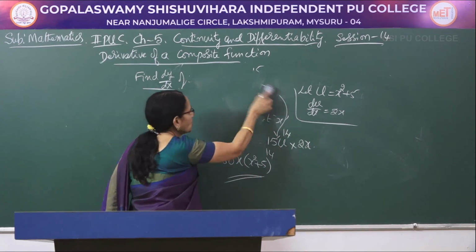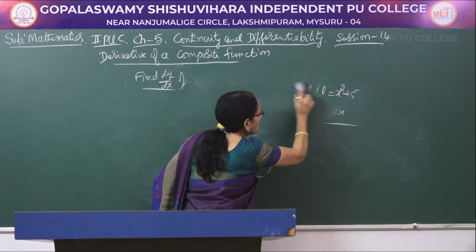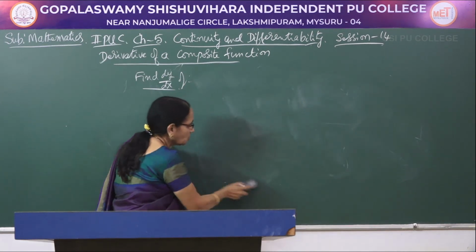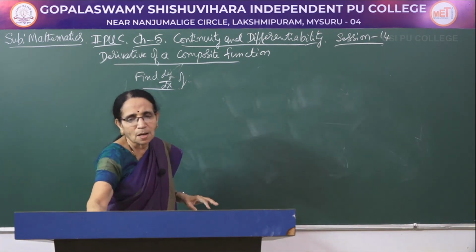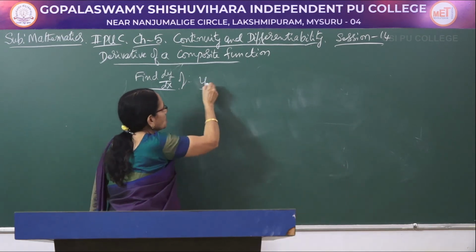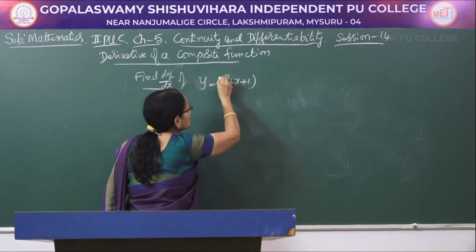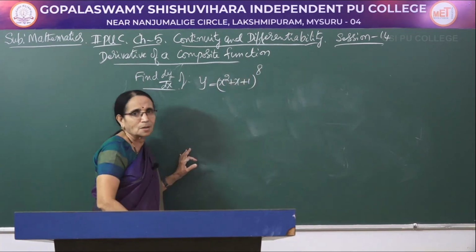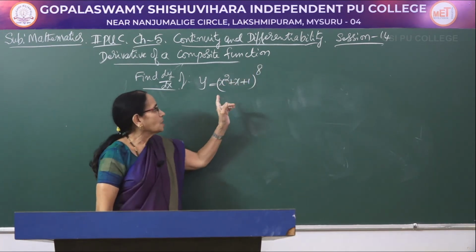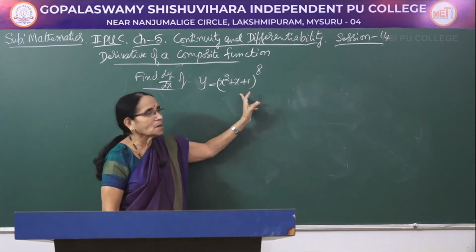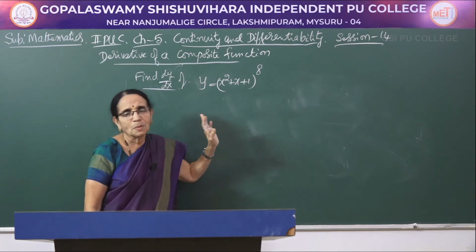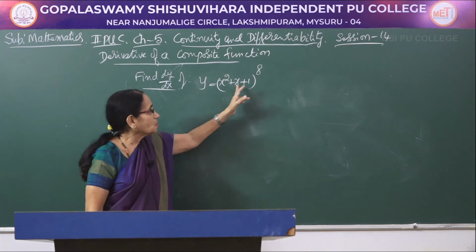Now let me move on to the next problem, where again it is a composite function and I will be getting the derivative for that one. y is equal to x square plus x plus 1 to the power 8. In the first problem I had a linear term. In the second problem I had a quadratic term because there was no x term.